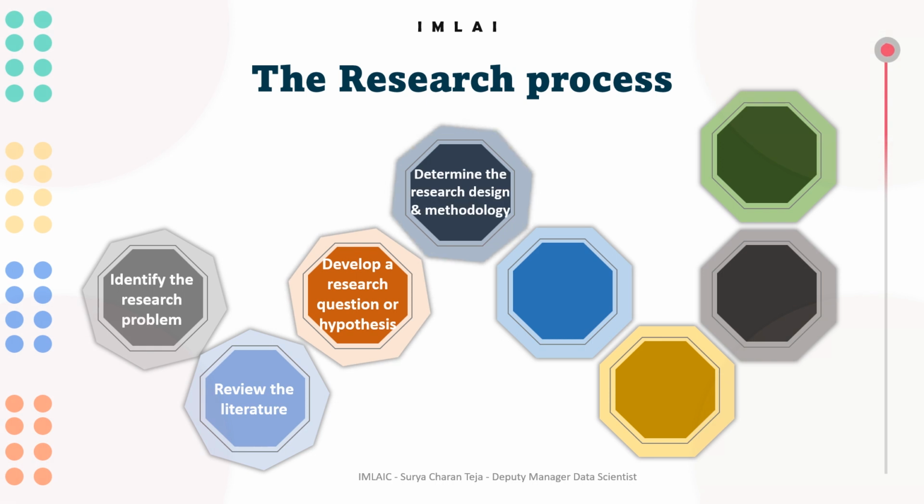Once that is done, we have to determine the research design and methodology. If you want to determine a research design and methodology, you need to understand particular terminology, particular words, that we will be seeing first. We will see terminologies such as target population, study population, and sampling.